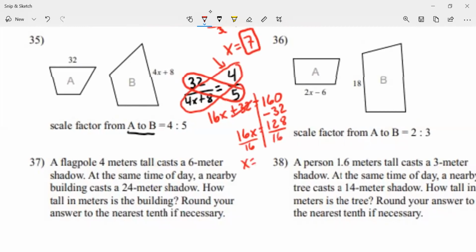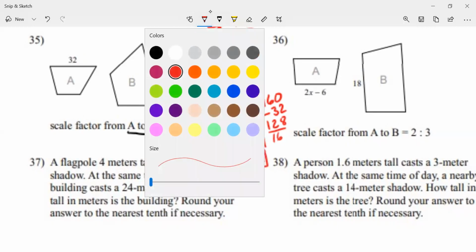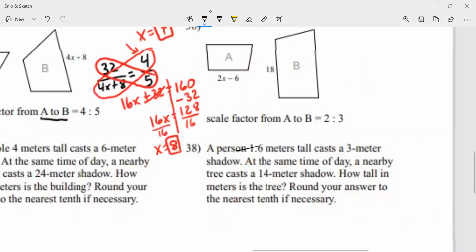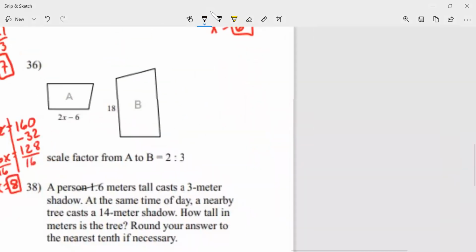Use a calculator if you need to. 128 divided by 16 happens to be 8. And again, on my homework, I'm just going to type in 8. Lastly, let's take a look at number 36.